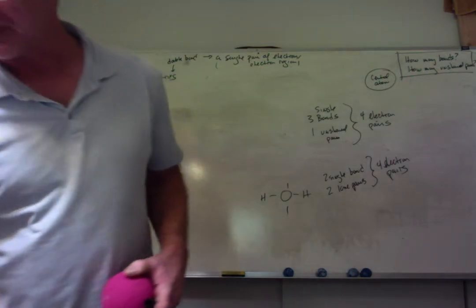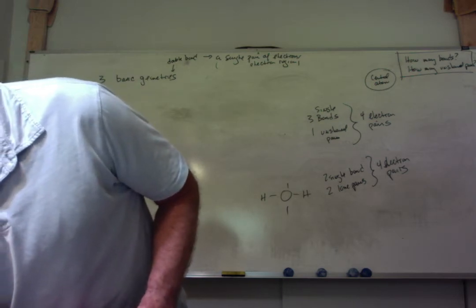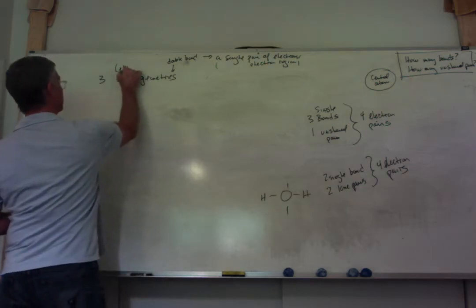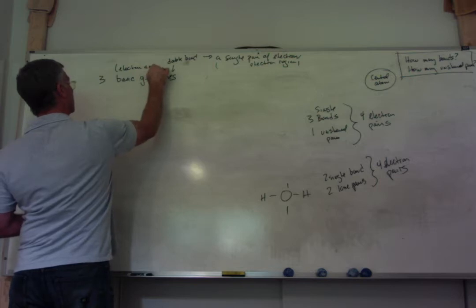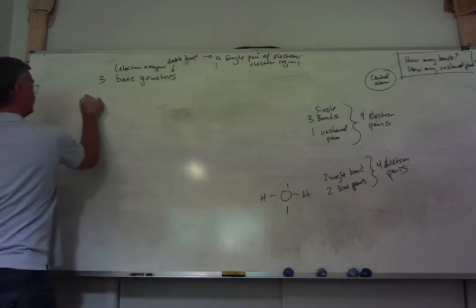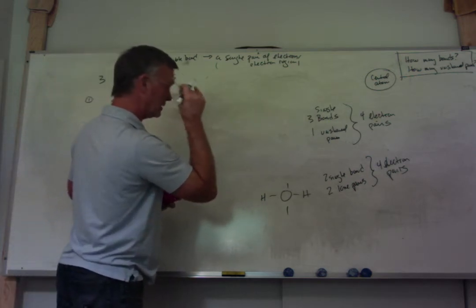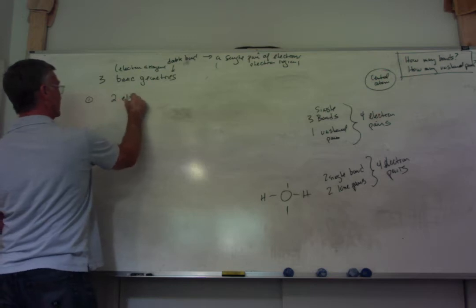And your book actually will call this 3 basic electron arrangements. The first one is when you have two electron pairs or 2 electron regions.